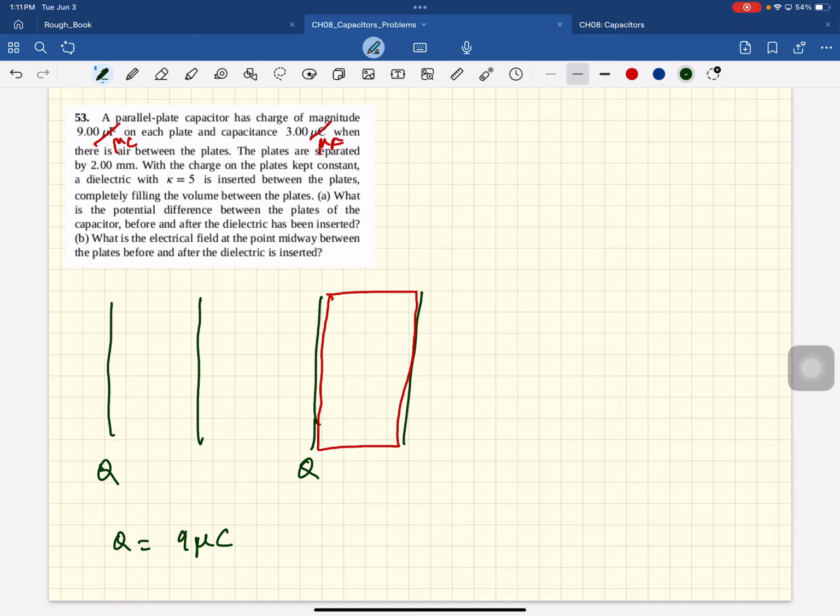And the capacitance is 3 microfarads when there is air between. With the dielectric constant of 5, the capacitance becomes kappa C naught. So 5 times 3 microfarads, 15 microfarads.